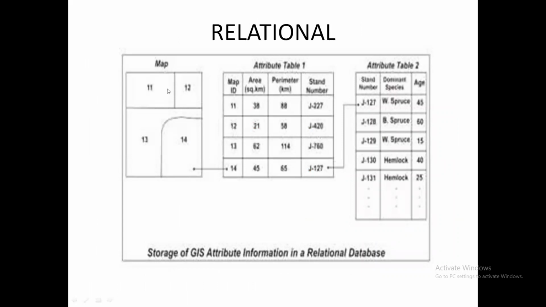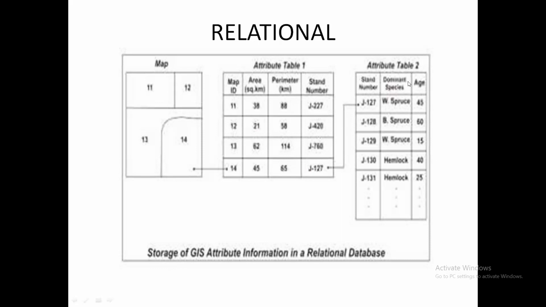So the first map, this is the spatial data, and that spatial data is connected with attribute table 1. So attribute table 1 is the base table here. It is going to have certain attribute data of it, and the base table is also connected to another table called attribute table 2, which is the joint table to the base table.